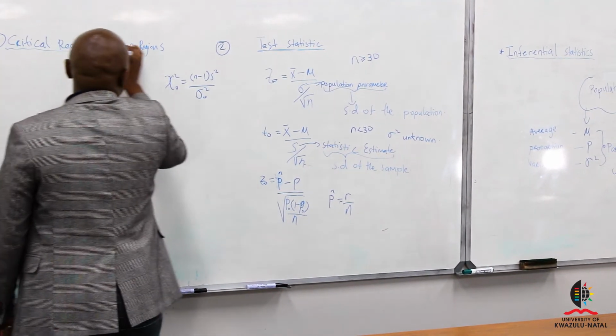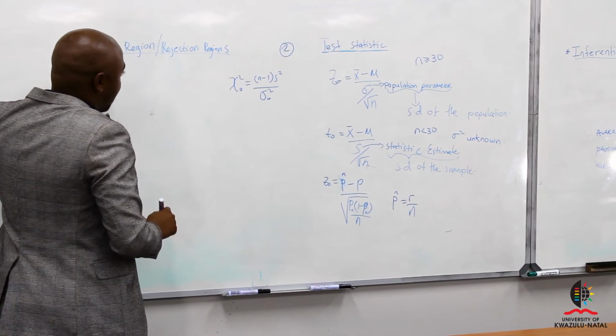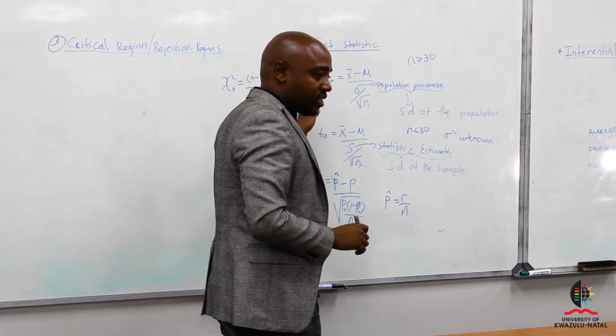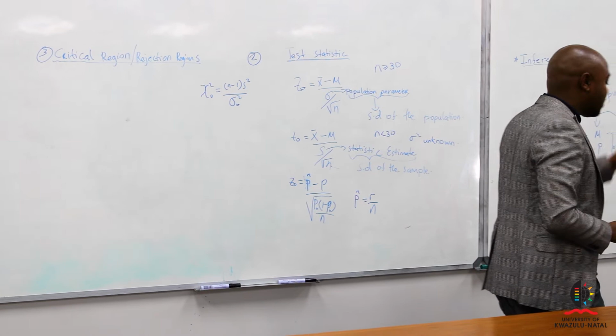Your critical region must be in line with your test statistic, and must also be in line with your hypothesis test.